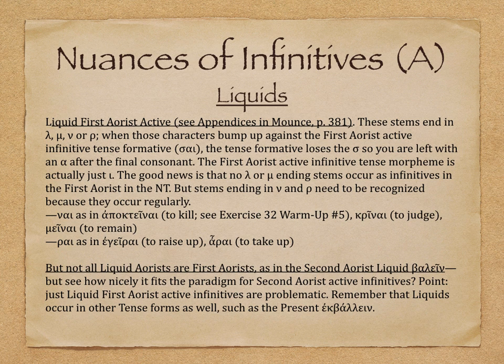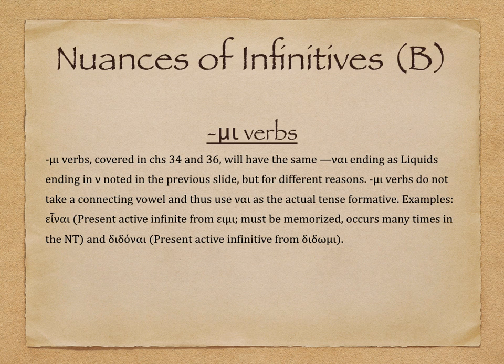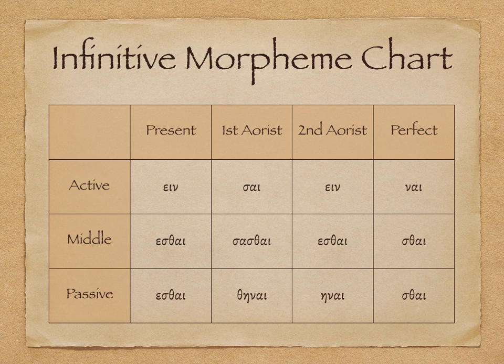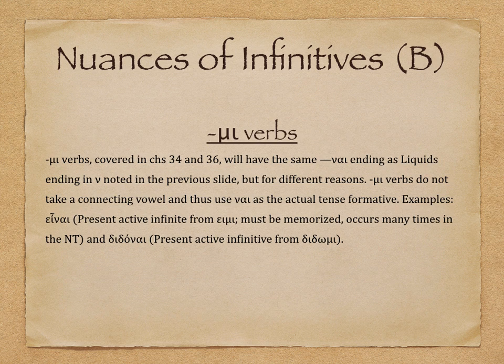But they are actually present. And you'll be able to recognize those because there's no reduplication. But just recognize that the present active morpheme, ein, can look like nigh with mi verbs, verbs that end in mi, mu iota, like eimi and didomi.